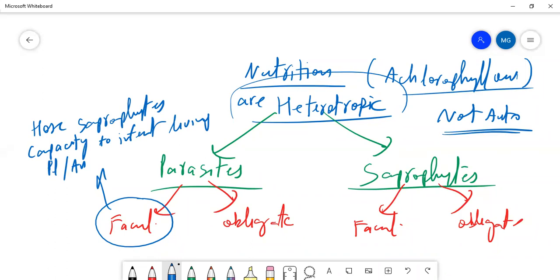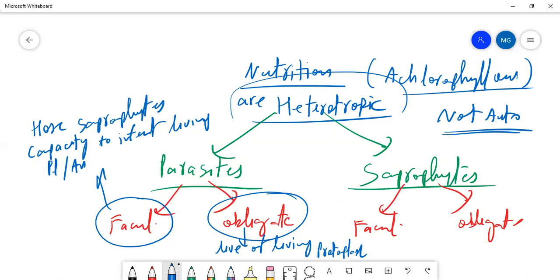And obligate means they will only live on living protoplasm, a living cell, a living protoplast. They need a living cell.